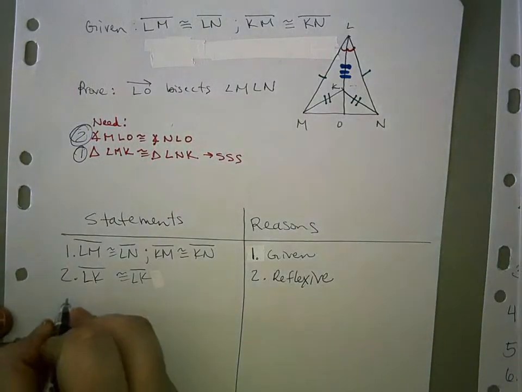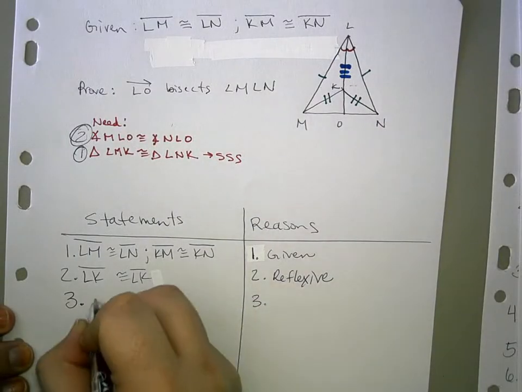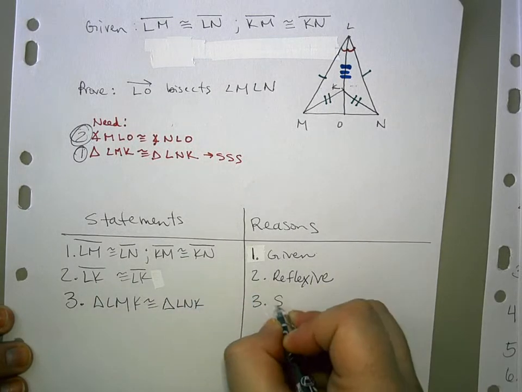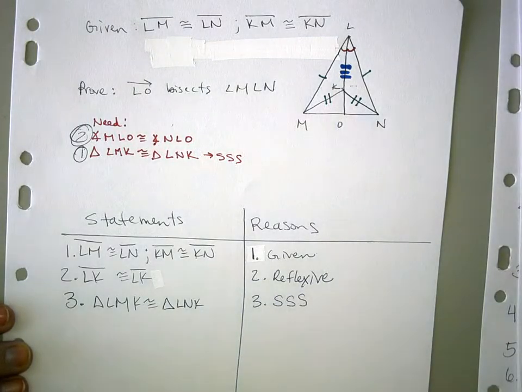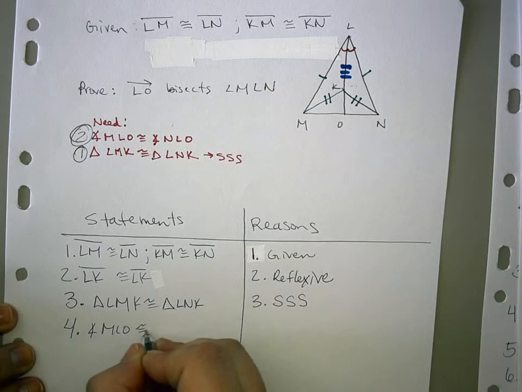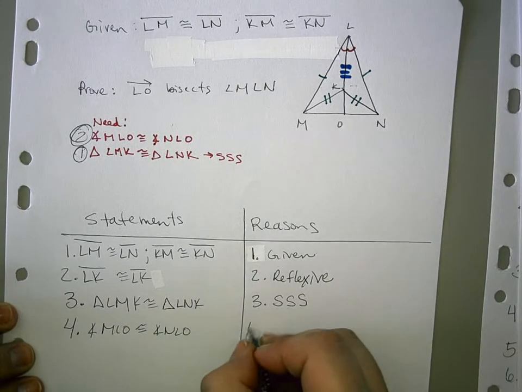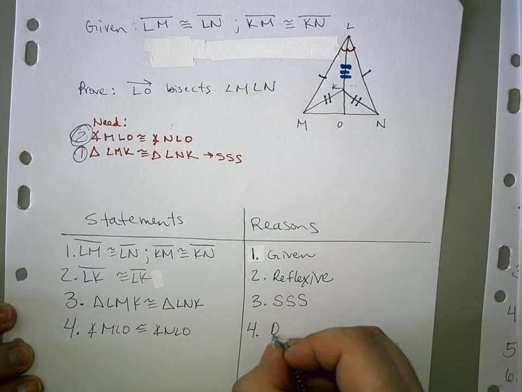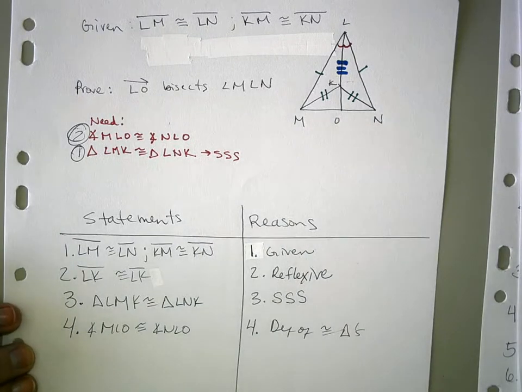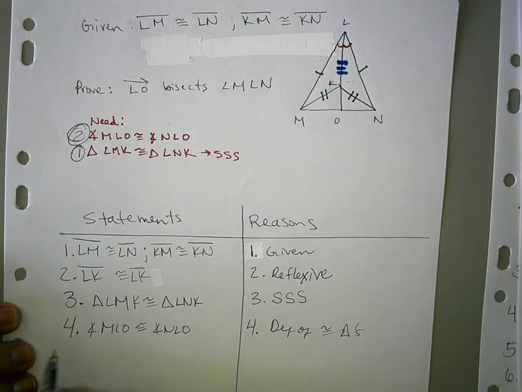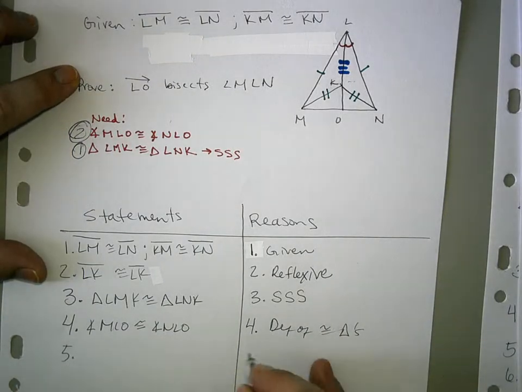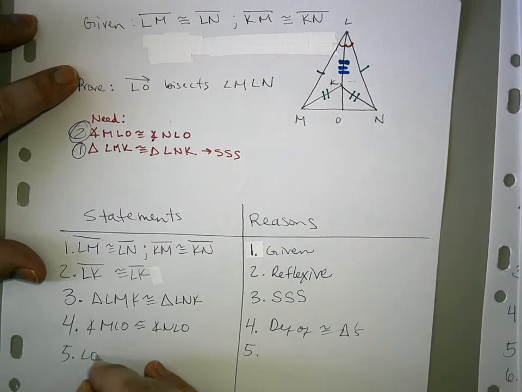Then we have the 2 triangles congruent. And then we have the 2 angles congruent by the definition of congruent triangles. You can also use CPCTC. And then I've worked through the 2 ideas that I had, and now I know that I can write what I need to prove.